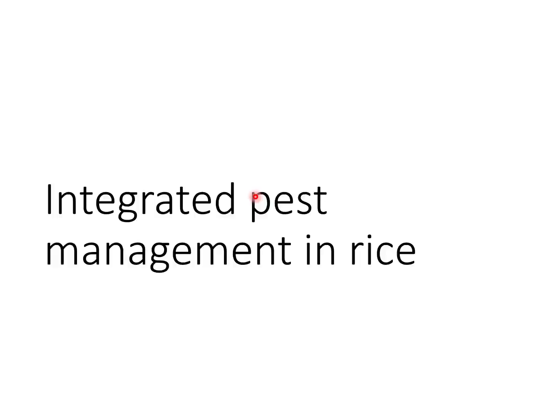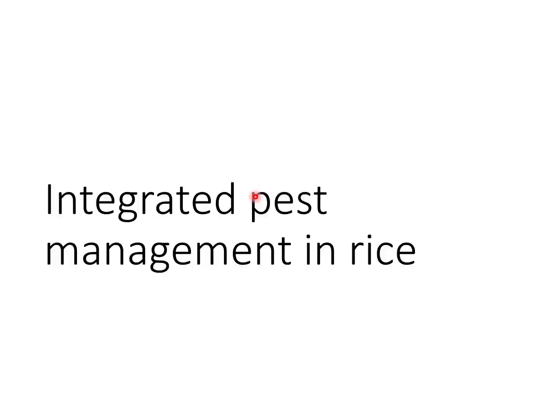So here we come down to all the insect pests as well as the beneficial insects present in rice ecosystem. A common essay question which is asked in the final exam is integrated pest management in rice. If this question is asked, you have to combine all the management strategies which we have recommended against different pests.